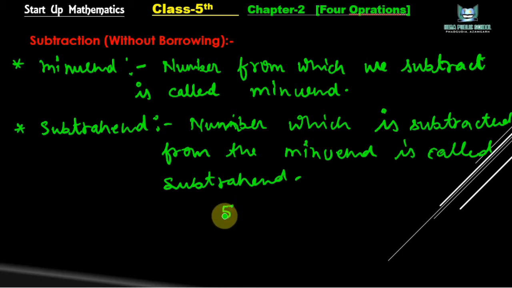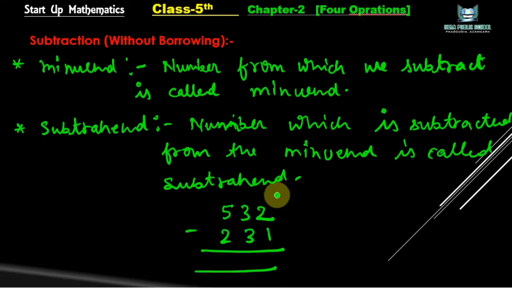532 minus 231. So we are subtracting from 532. This number is called minuend.